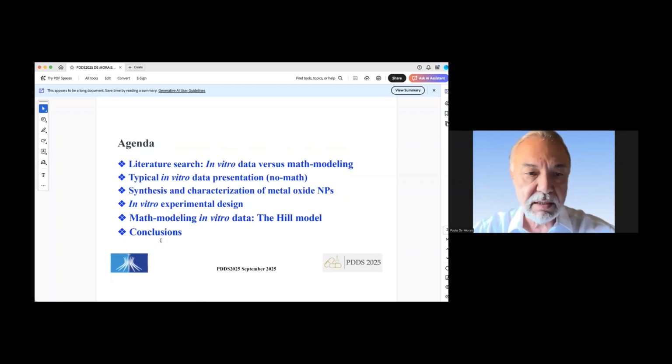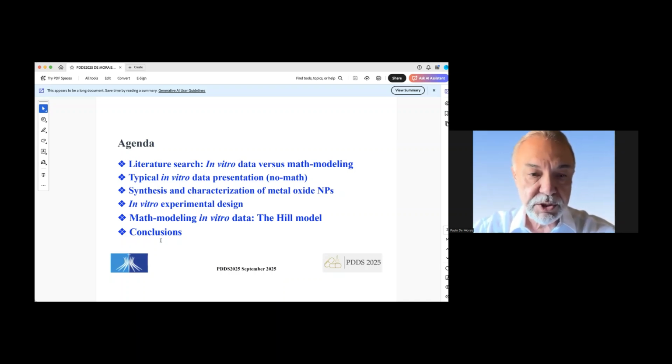Very briefly, I will review with you the literature about in vitro data versus mathematical modeling. Then I will show you typical in vitro data you can find these days in the literature.